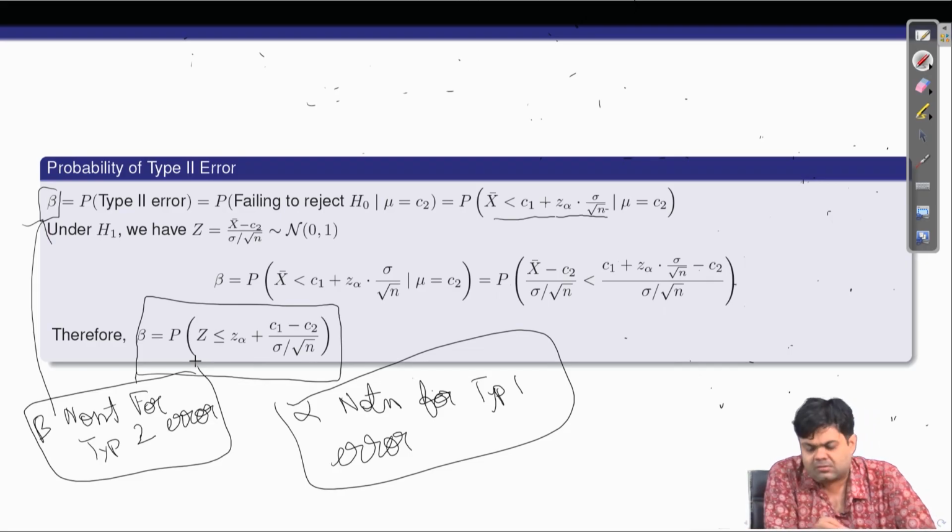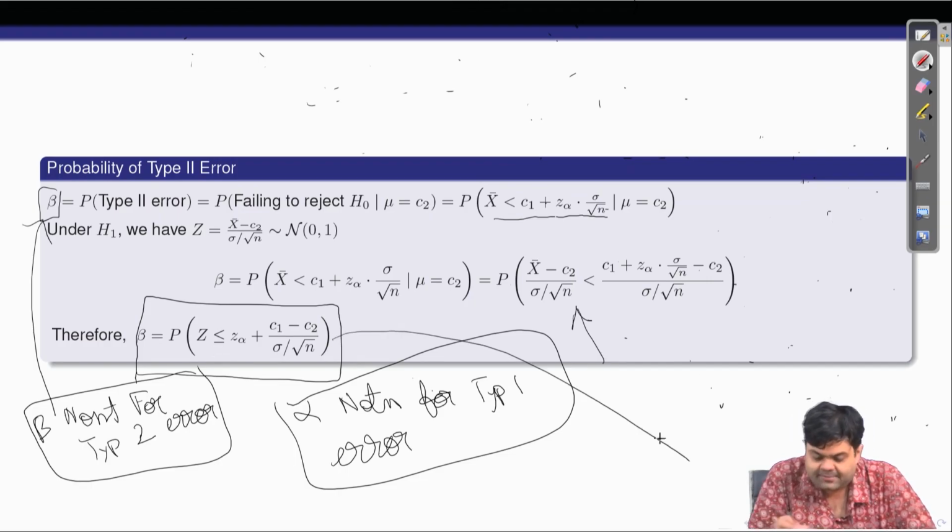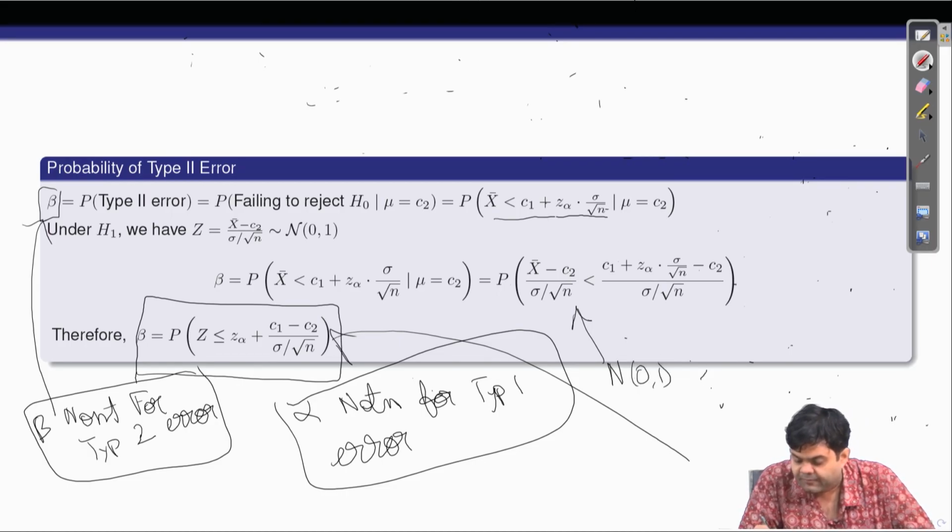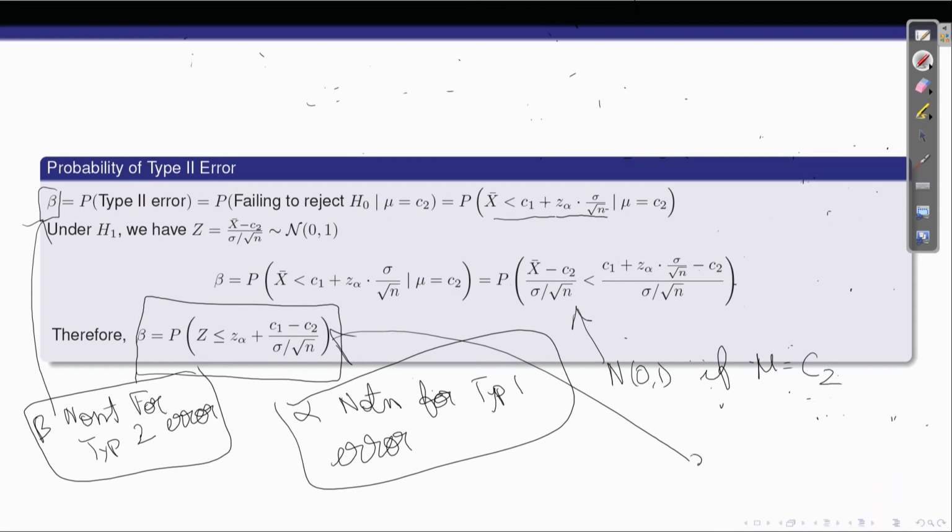So this is how type 1 error and type 2 error are calculated in this case, and note that this is standard normal 0,1 if mu is actually C2. So this can be calculated using the normal table. This is how hypothesis testing for the continuous setup is done.